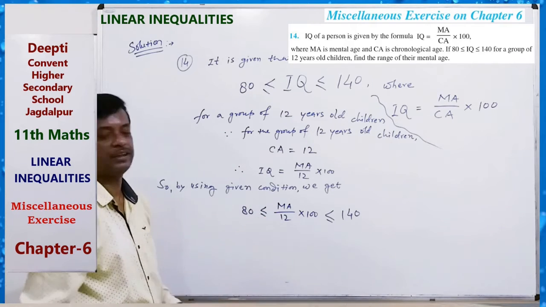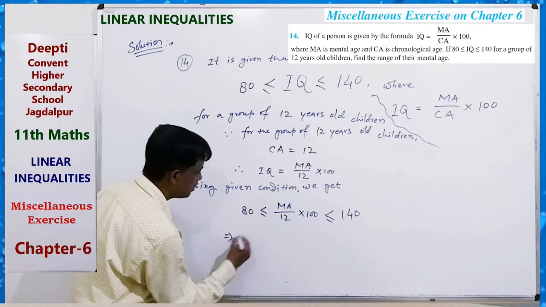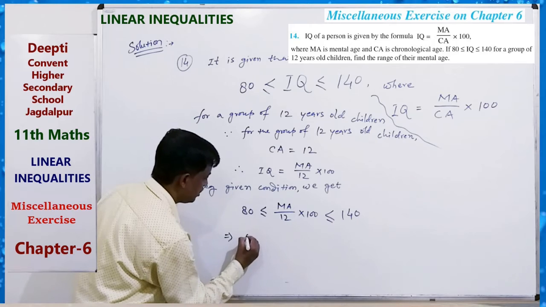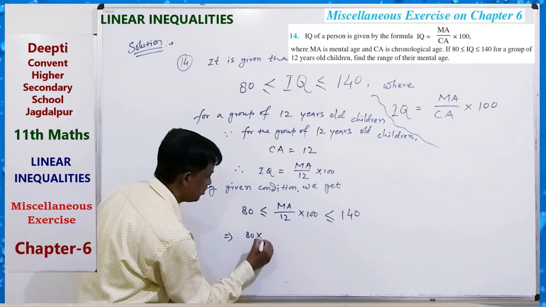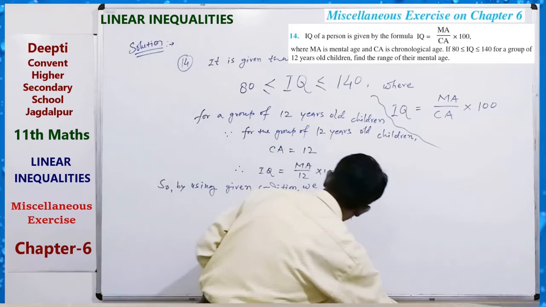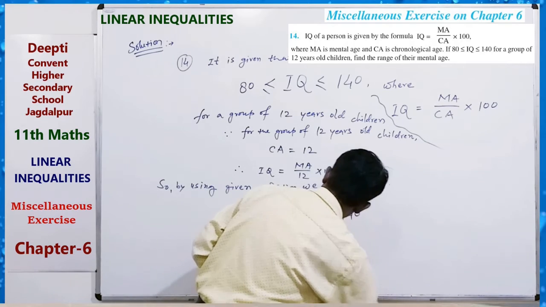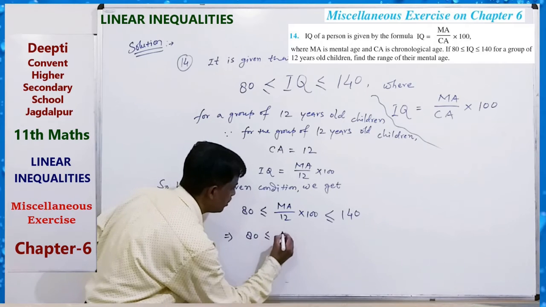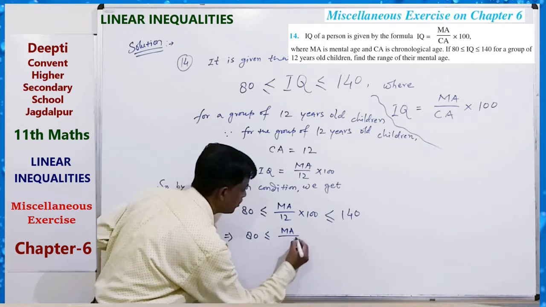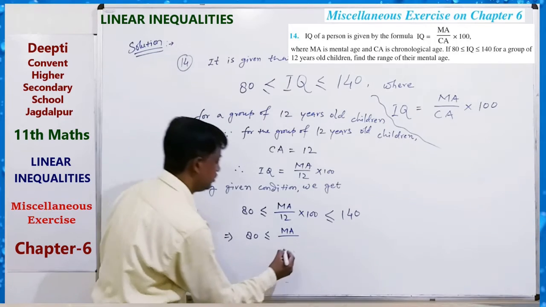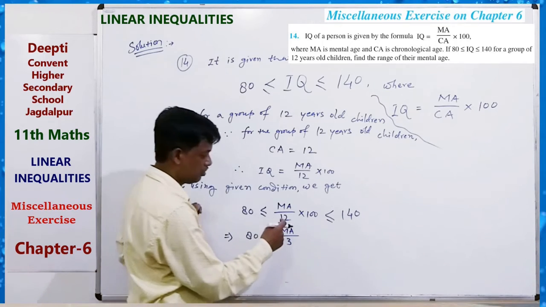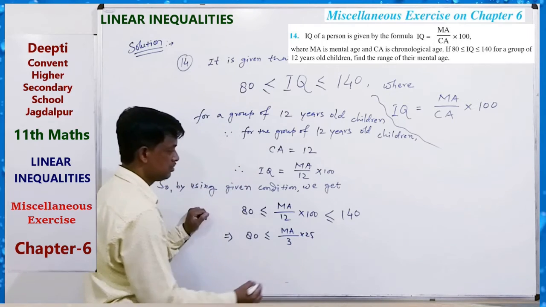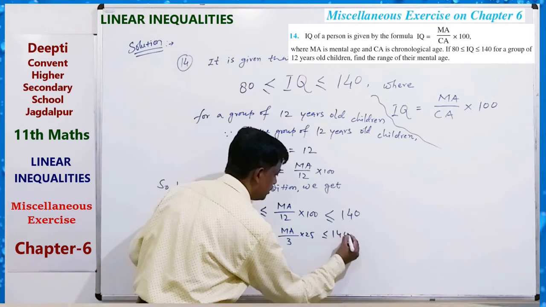Find the range for MA. This is an inequality. Multiply by 12. We can also write it just like this: 80 is less than or equal to MA upon 3 divided by 4, 4 means 25, is less than or equal to 140.